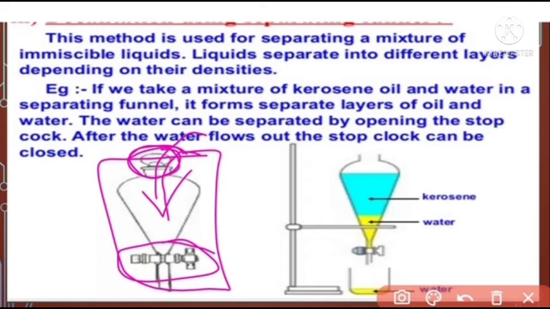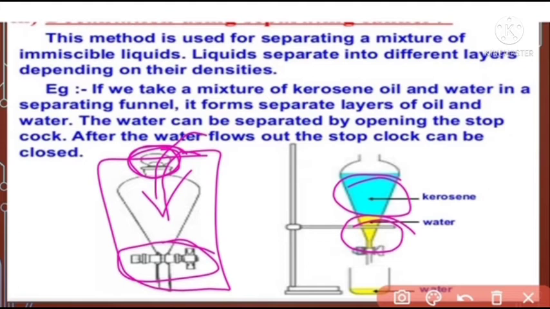After shaking, the two liquids clearly separate from each other. The high density liquid settles near the bottom of the separating funnel, and the low density liquid is at the top of the funnel. Then the two liquids of different density are separated one by one.